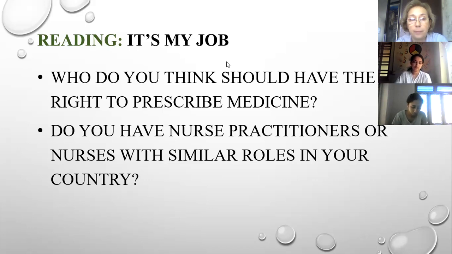Taib. Yes, ma'am. Actually, doctors as well as the nurses could discuss how the medicine is prescribed. So it's better they discuss and then prescribe the medicine. Should nurses be given the right to prescribe medicine?